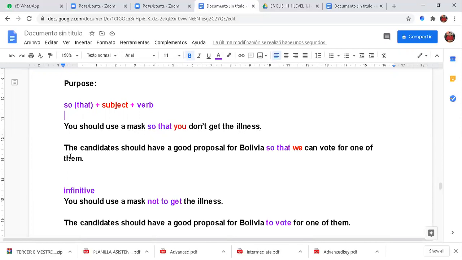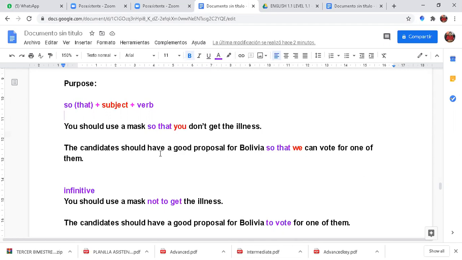Another example. Let's talk about our context nowadays, society activities that are happening. The candidates should have a good proposal for Bolivia so that we can vote for one of them.